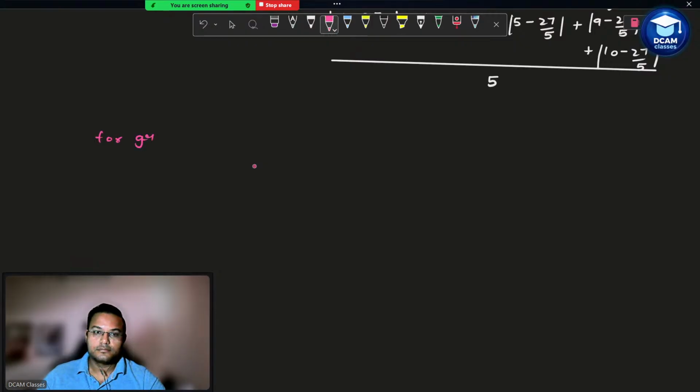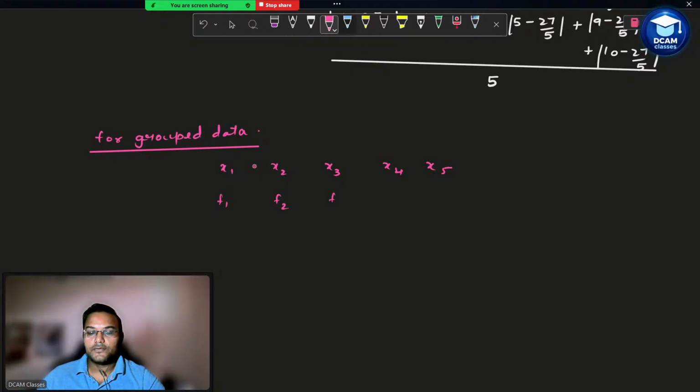Now for grouped data. The data is given like this: x1, x2, x3, x4, x5, and the frequencies are also given: f1, f2, f3, f4. Actually, you will be able to predict the formula, it's very easy.